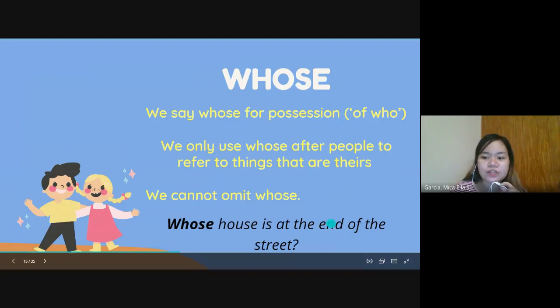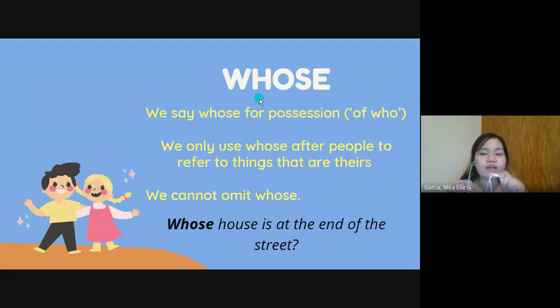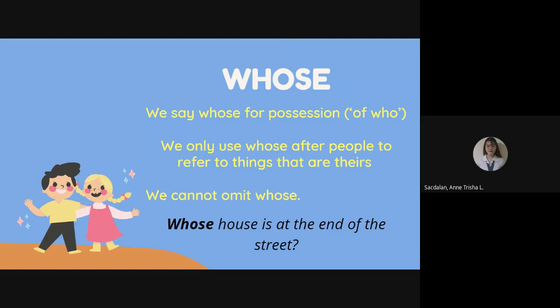Let us proceed with another relative pronoun. We have here the relative pronoun whose. Will you please read the definition? Yes, Anne. We say whose for possession of who. We only use whose after people to refer to things that are theirs.